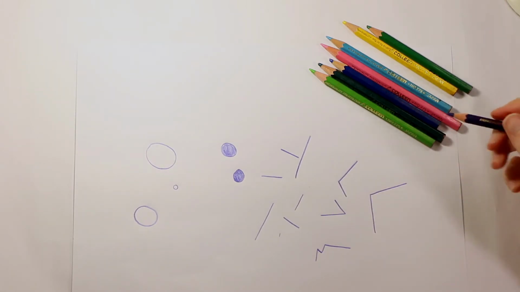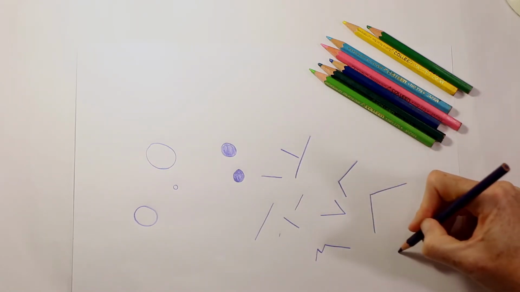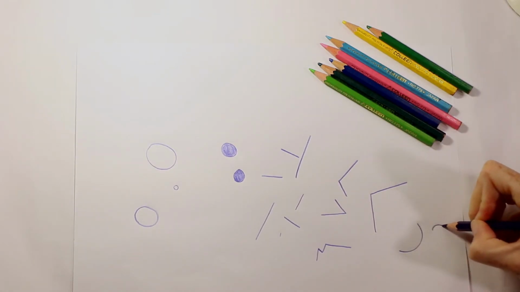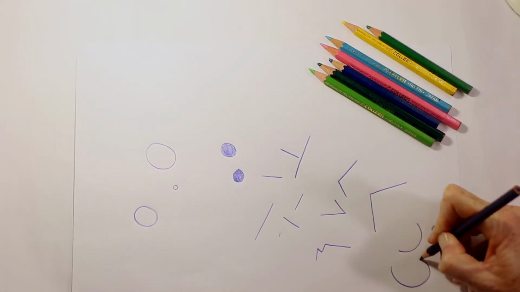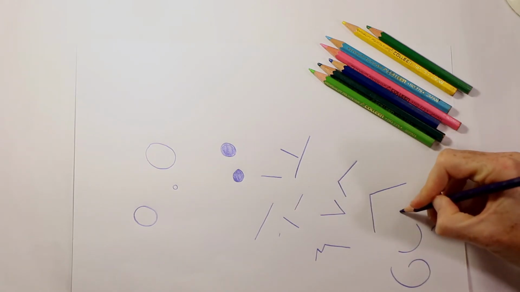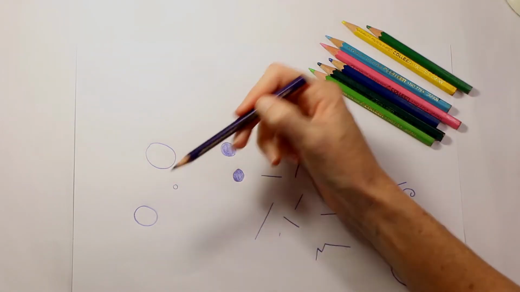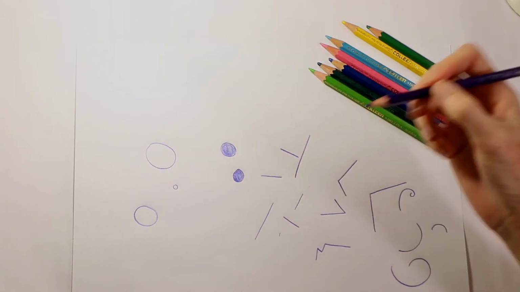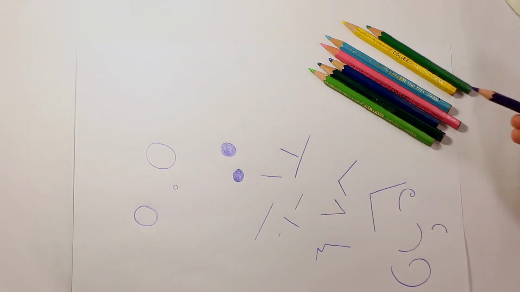And the last element of shape is also in the line family. It is a curved line. This too can go in any direction and be of any length and of any shape. Let's repeat. We have our circle, our dot, our straight line, our angular line, and our curved line.